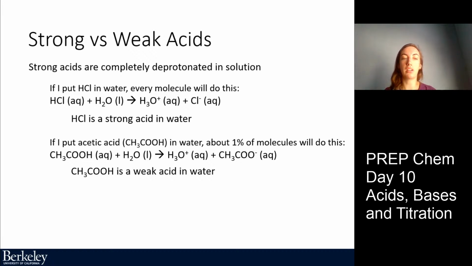Those protons in the CH3 are never really going to get stolen. Those aren't the acidic protons. The acidic proton is the one on the OH. So completely deprotonated would just look like every molecule undergoing that reaction where we end up with the CH3COO- ion. Ask questions if that doesn't make sense.